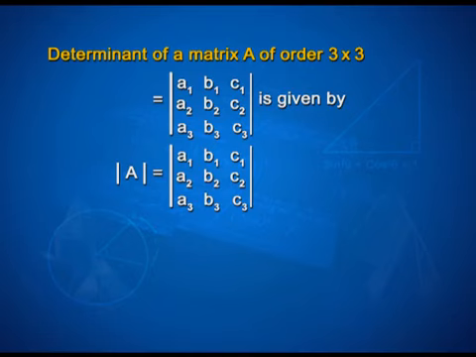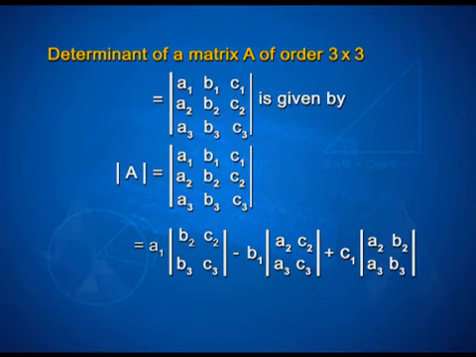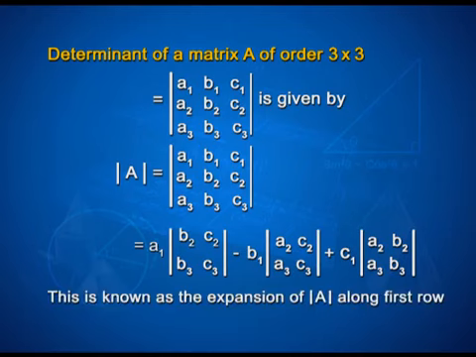On expanding, we get a1 into the determinant of b2, c2, b3, c3, minus b1 into the determinant of a2, c2, a3, c3, plus c1 into the determinant of a2, b2, a3, b3. This is known as the expansion of determinant A along the first row. Now, students, look at the screen for an example.